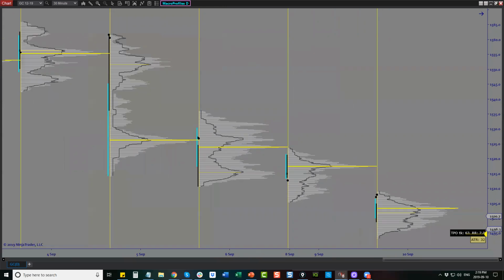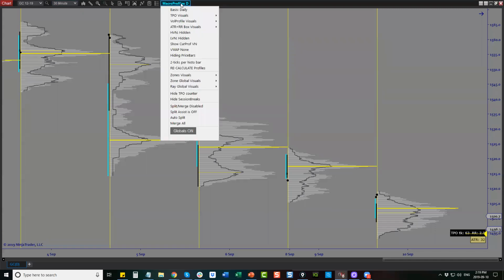Now, a couple things that we need to break through here is that if you look, this is a 30-minute chart, and it says macro profiles daily. Well, we have the ability to turn this to macro profiles weekly and macro profiles monthly.